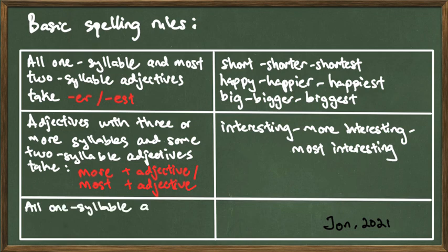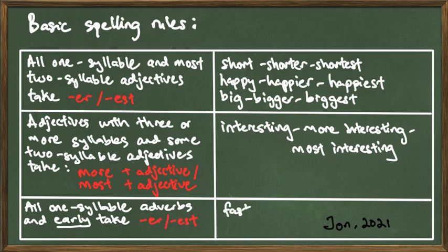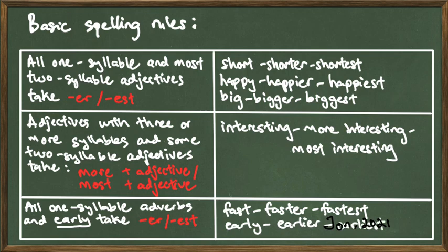The third rule is all one-syllable adverbs and early take ER or EST. Just look at the example. Fast, faster, fastest. Early, earlier, earliest. Take a look at their spelling. Faster, then you add EST.